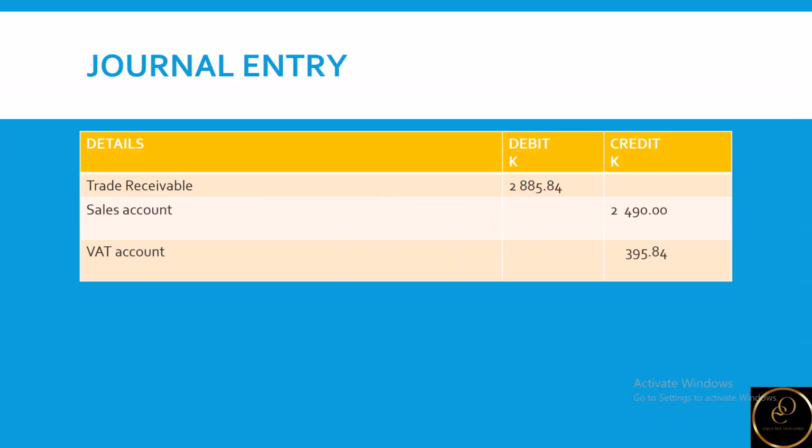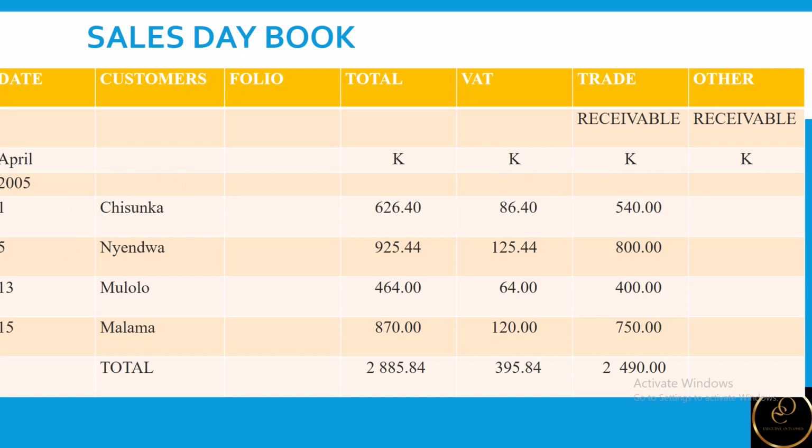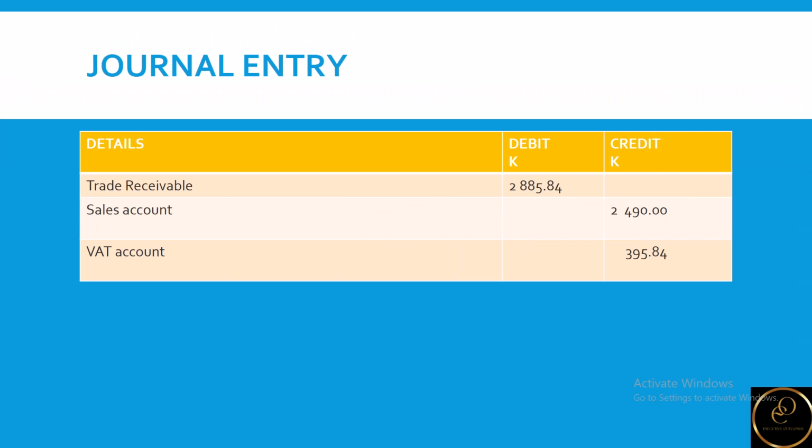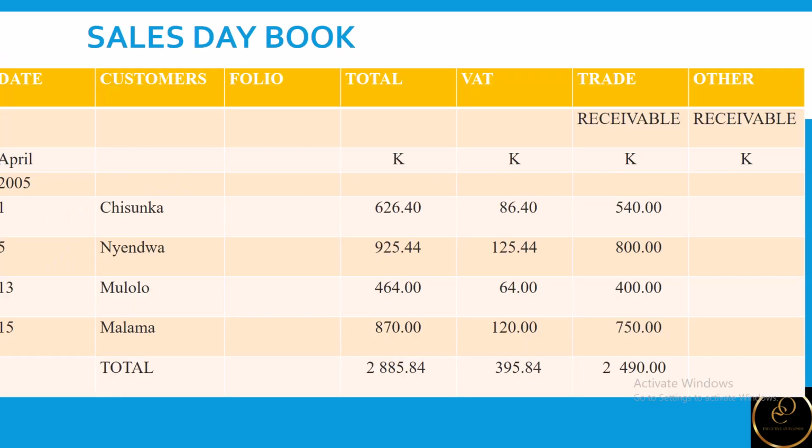Now I want us to look at the journal entries for this type of transaction involving the month of April, if these are the only transactions that took place. So this is what we are going to do. You get the total under the total column, which is 2,885 kwacha 84 ngwe.